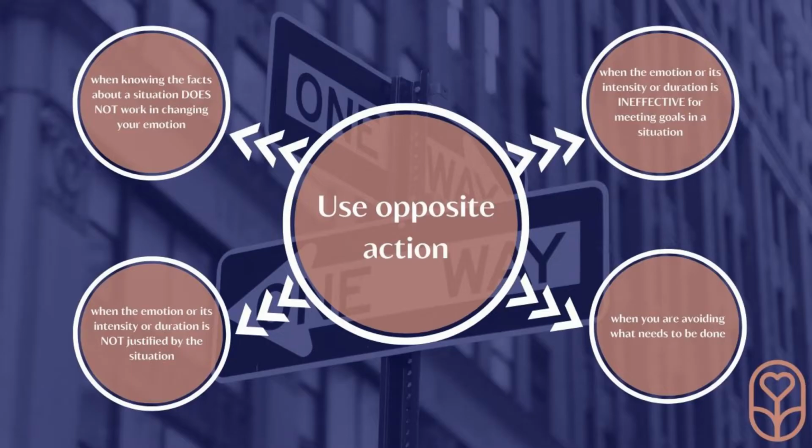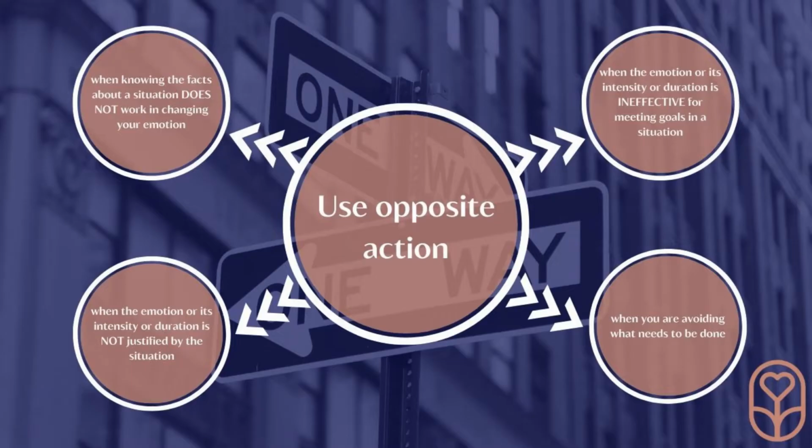Opposite action works best when the emotion or its intensity or duration is not effective for meeting goals in a situation. When your emotion or its strength or the length of time it lasts is not effective to meeting your goals in the situation, opposite action works.